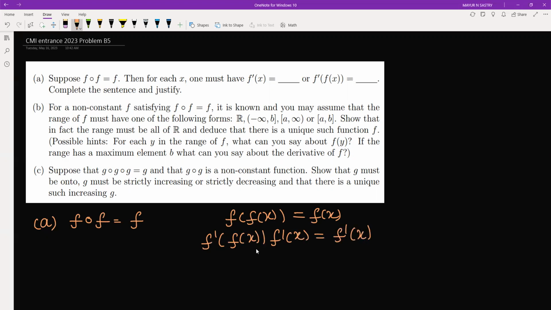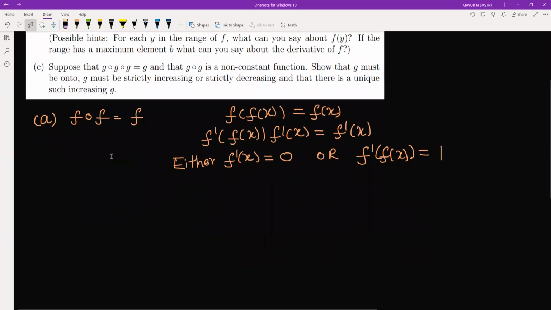Now there are two options, either f prime of x is 0 or if it's not 0, then you can cancel it from both sides to get f prime of f of x to be equal to 1. This is the solution to the first part and it's fairly straightforward.